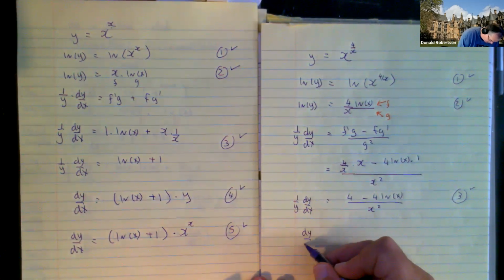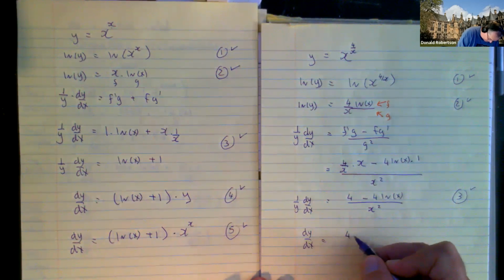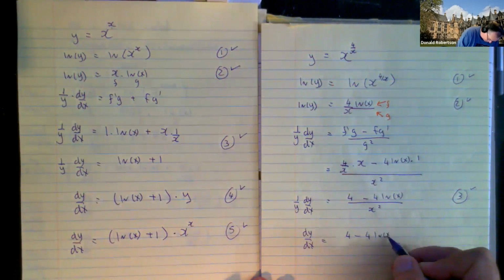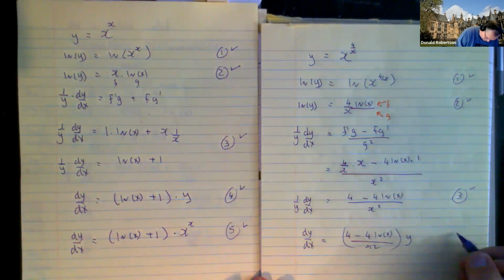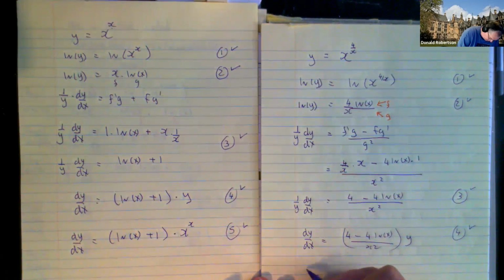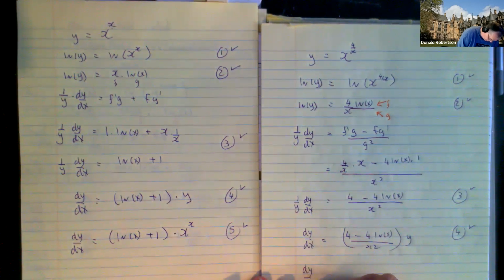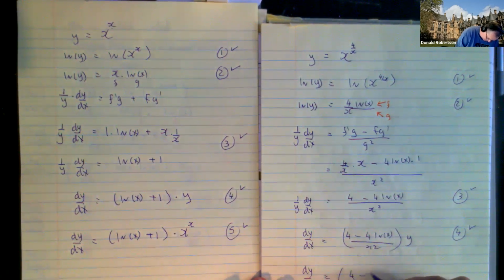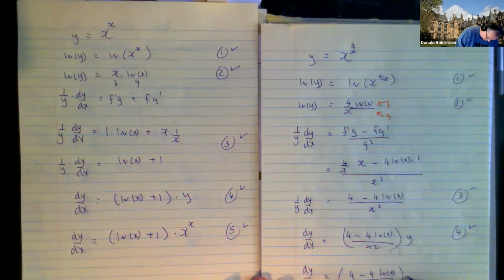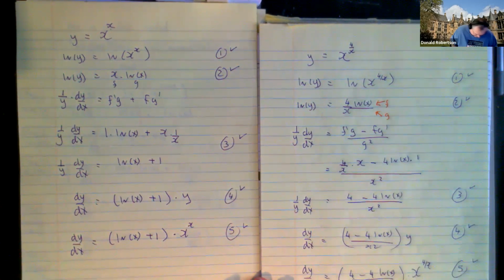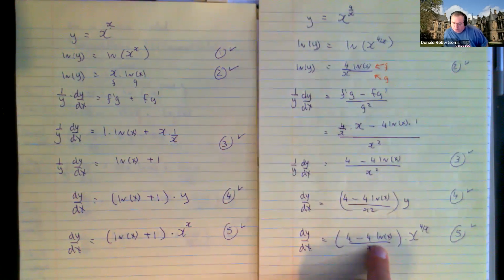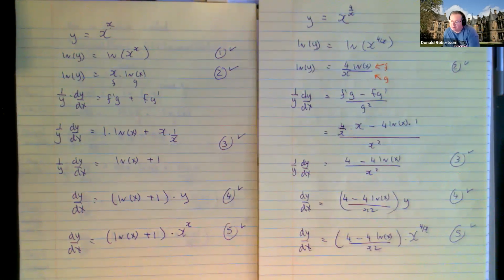Multiply both sides by y. Check. And then turn the y into x's. Now that I've looked at this one, wouldn't I probably pull out a 4 just to make it look slightly prettier, but essentially the method's finished.